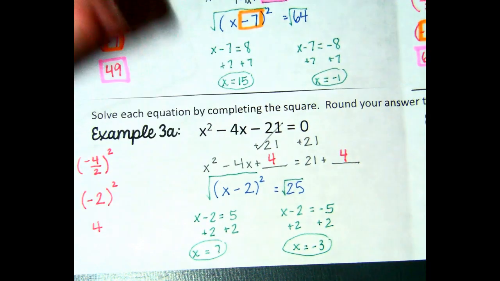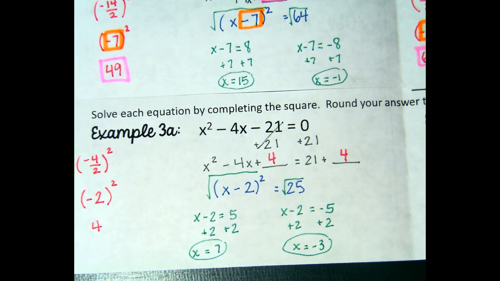Do example 3b. What do you need to do on example 3b first? Subtract 5. I'm leaving 3a up there in case you need it, but I'm going to stop in a minute.